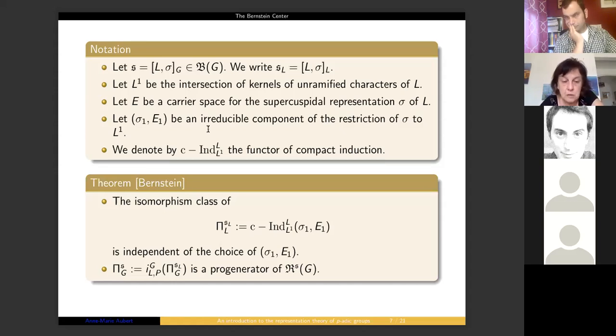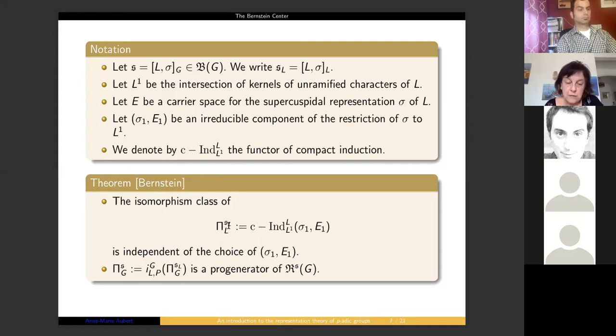And we will consider the functor of compact induction that we have introduced in the first talk, from L1 to L. So this is interesting because if you just consider the induction of sigma 1 from L1 to L, you get a representation which does not depend on the choice of sigma 1. So if you have taken another irreducible component of the restriction of sigma, you will get the same representation up to isomorphism.